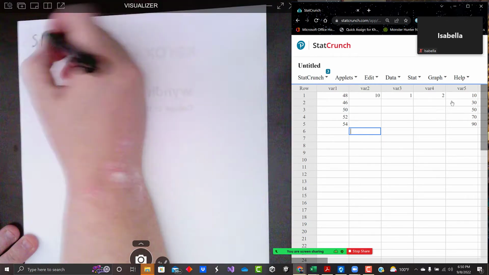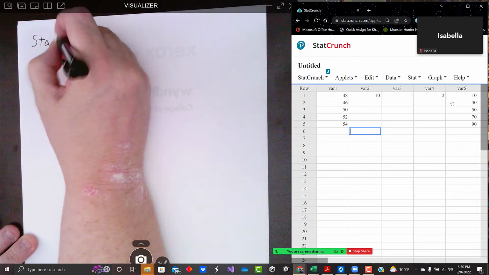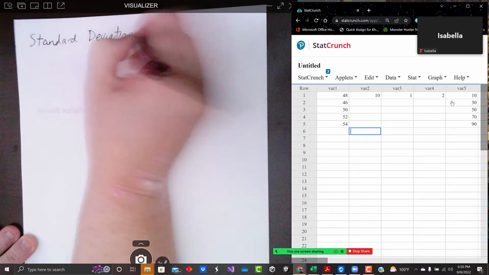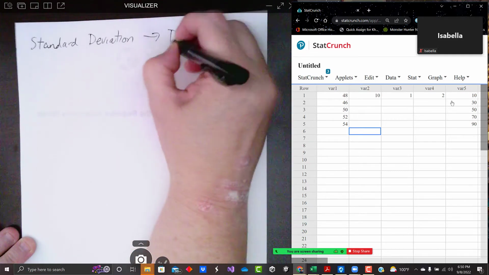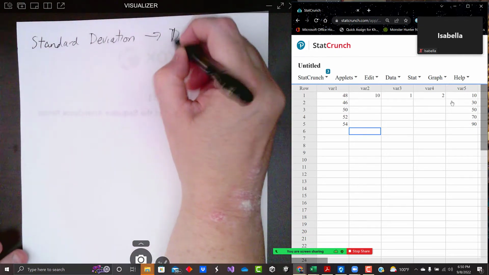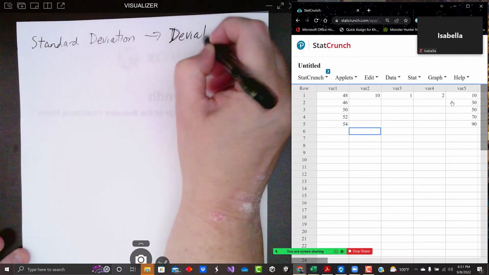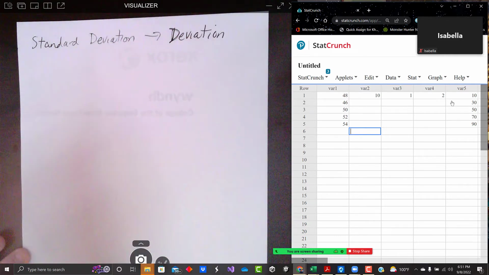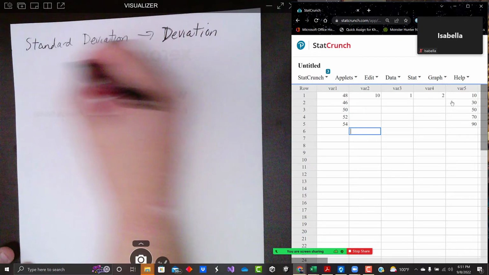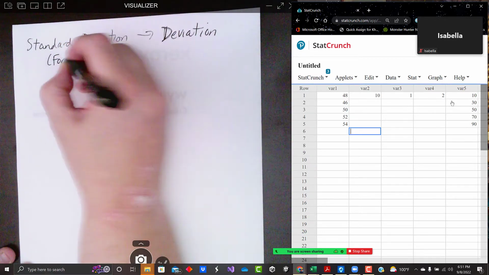So the next one we're going to talk about is called standard deviation. Sometimes people just say deviation. And we use this a lot for bell-shaped data sets.